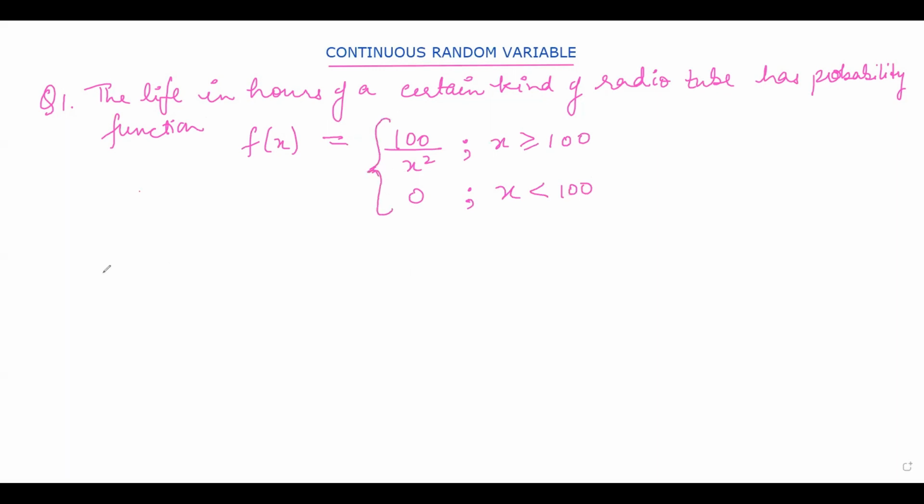Now we need to check certain parts. Find the distribution function.